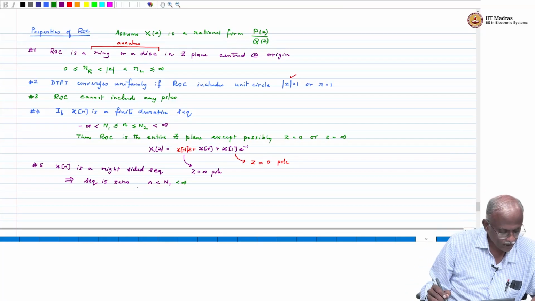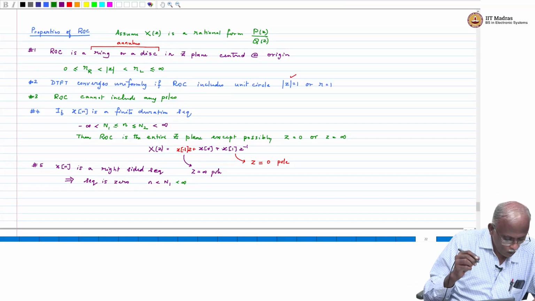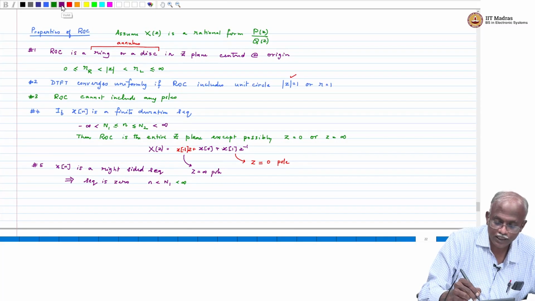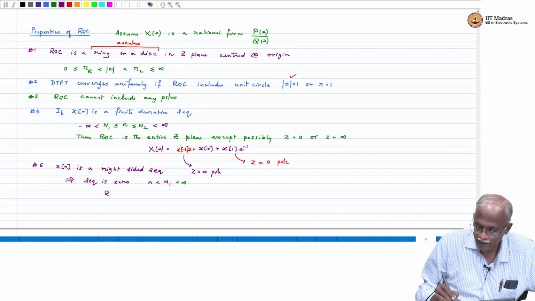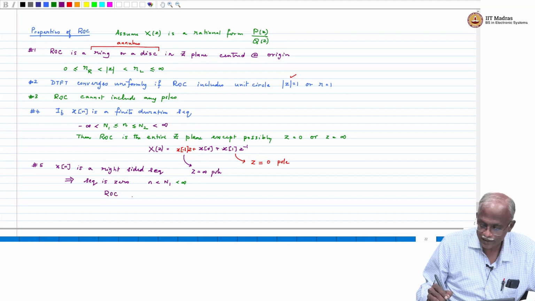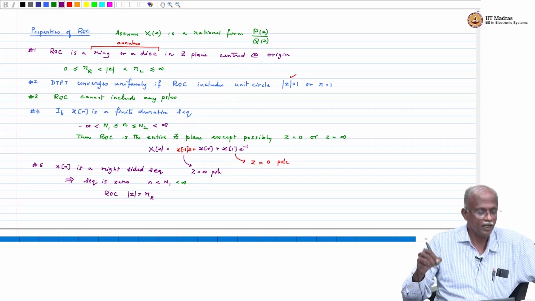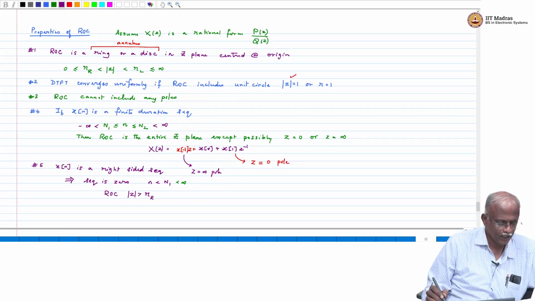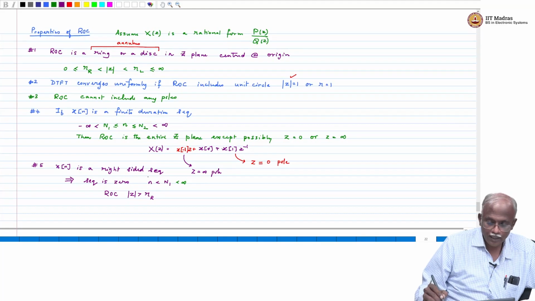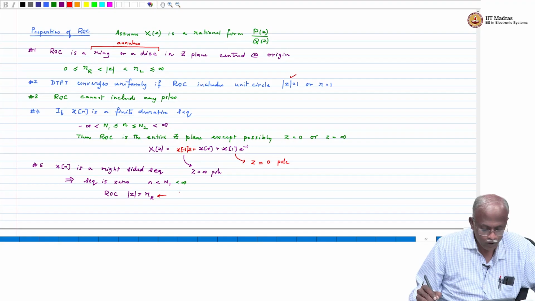Such sequences will always have a region of convergence of the form mod z greater than R_R. Subscript R is for a right-sided sequence. And this R_R is determined by the outermost pole.